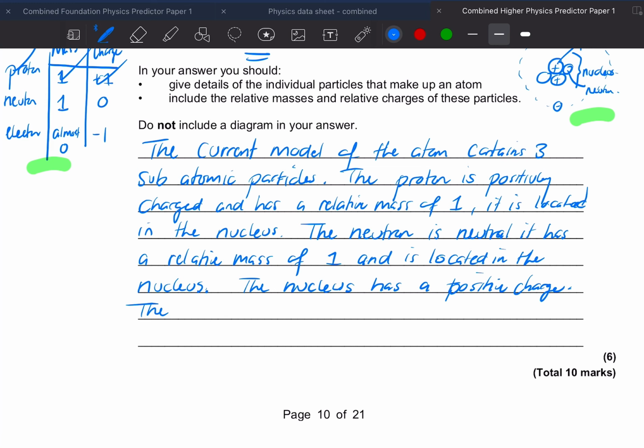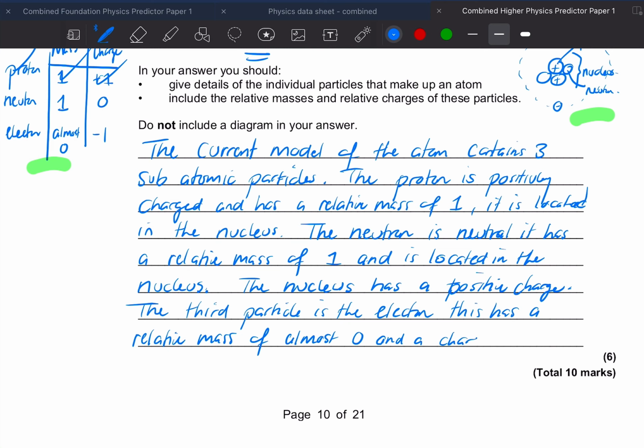The third particle is the electron. This has a relative mass of almost 0 and a charge of -1.